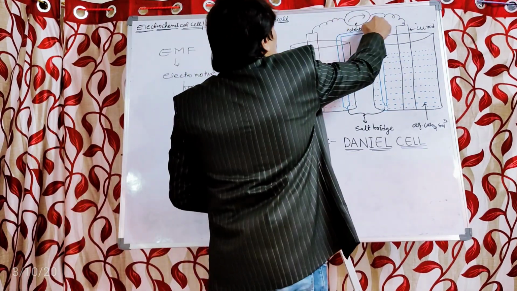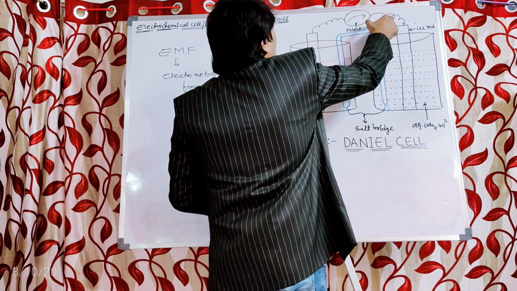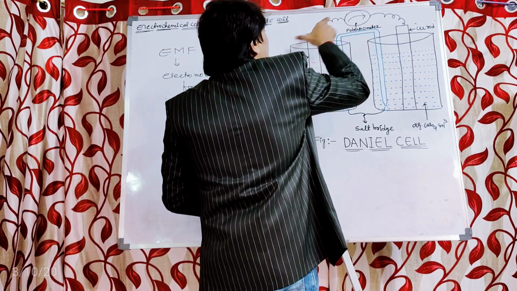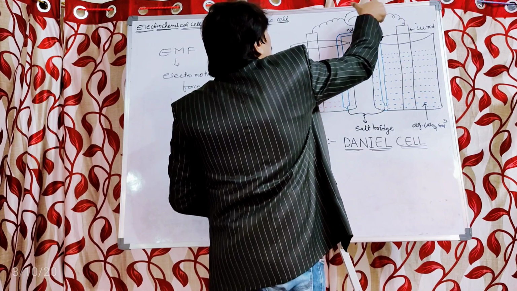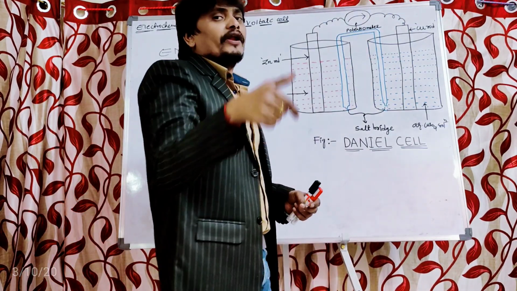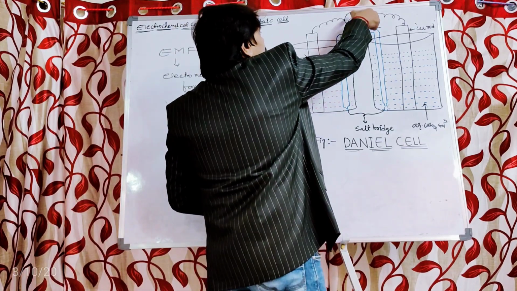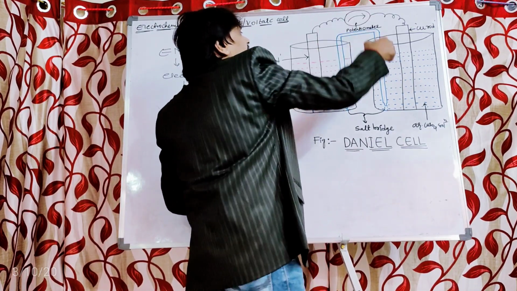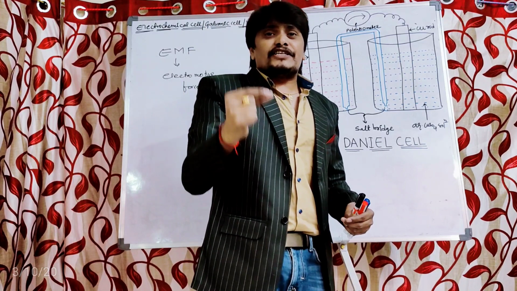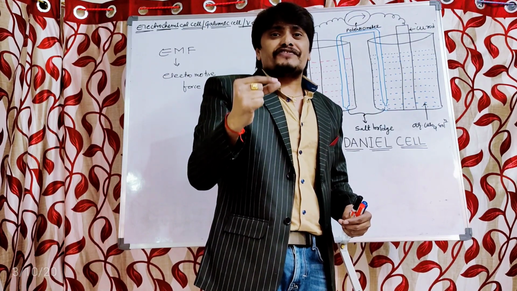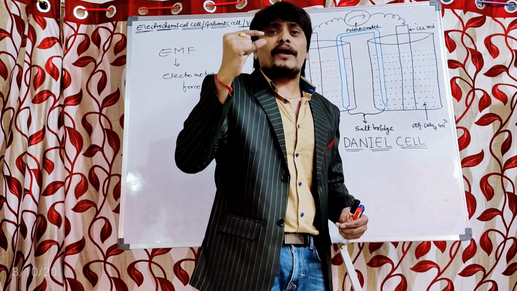The purpose of the metallic wire is to connect these electrodes, the zinc rod and copper rod, to the potentiometer in order to record the EMF. The potentiometer records the EMF generated during the spontaneous redox reaction between the zinc and the copper electrode.